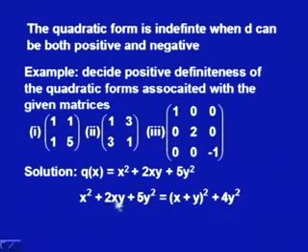So 2xy is coming here and y square I have taken from this, so what remains here is 4y square. Now, this expression is 0 when x is equal to 0 and y is equal to 0, and for all other values of x and y, whether positive or negative, this expression will always be positive. So we can say that this quadratic form is a positive definite quadratic form.